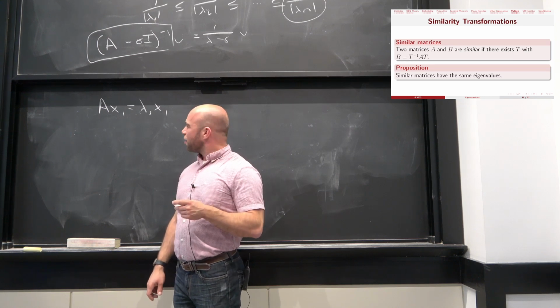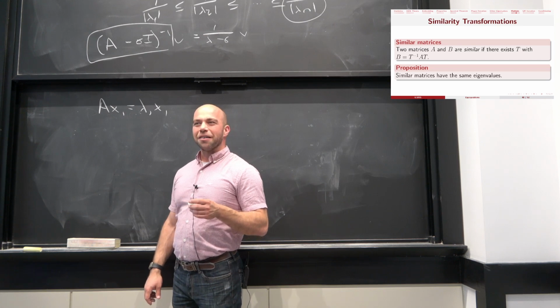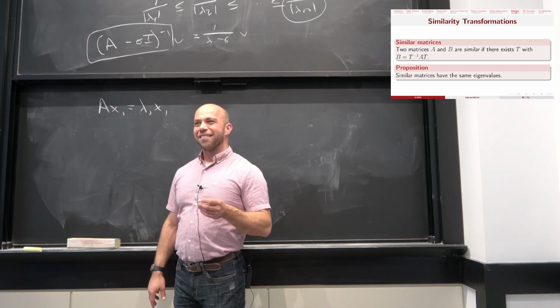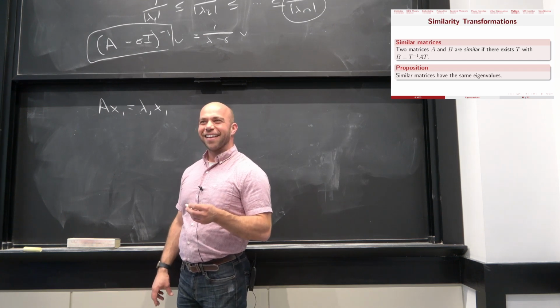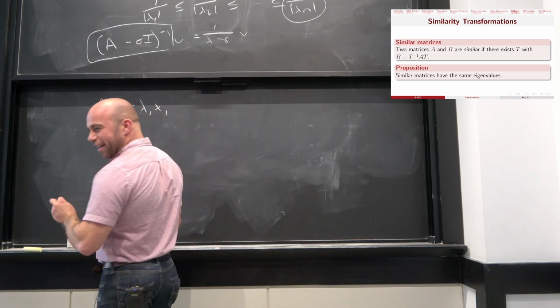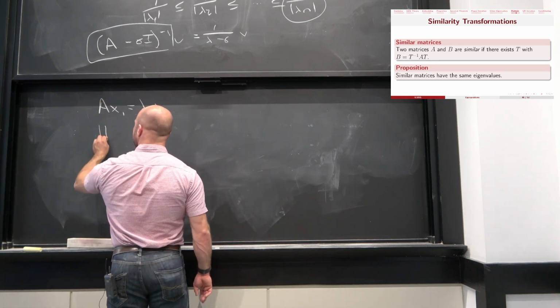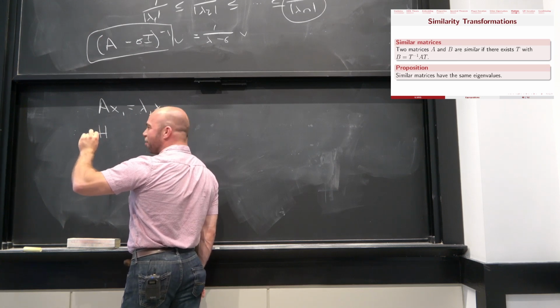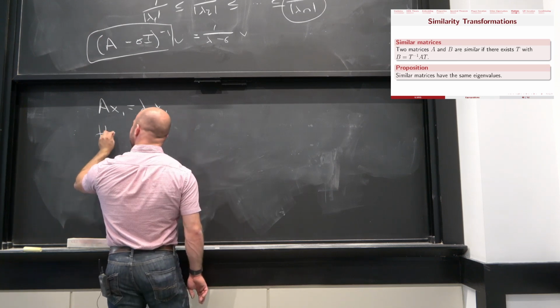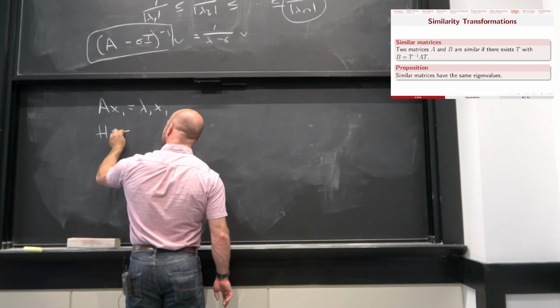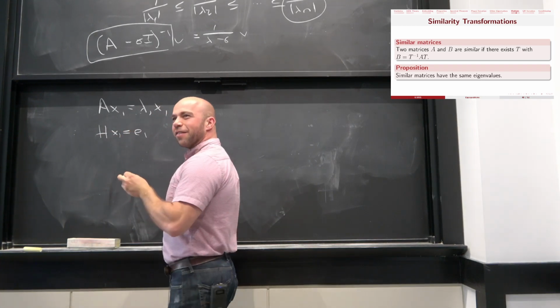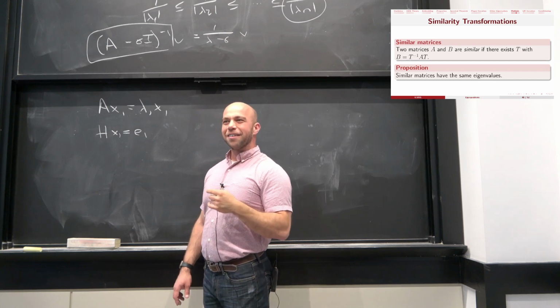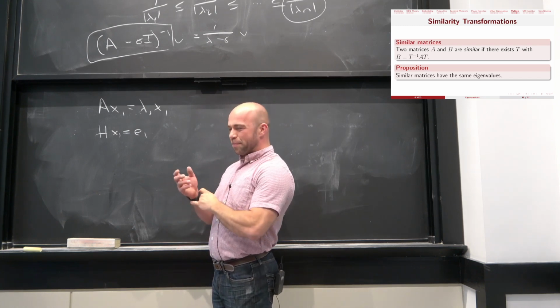Remember from our lecture on QR factorization, this is kind of an unexpected twist, that I can choose a matrix H. Remember what H stands for? Householder, right? I'm going to choose an H with the following property, that H times x1 is equal to E1. Remember that was our first step of QR factorization using the stabilized algorithm?